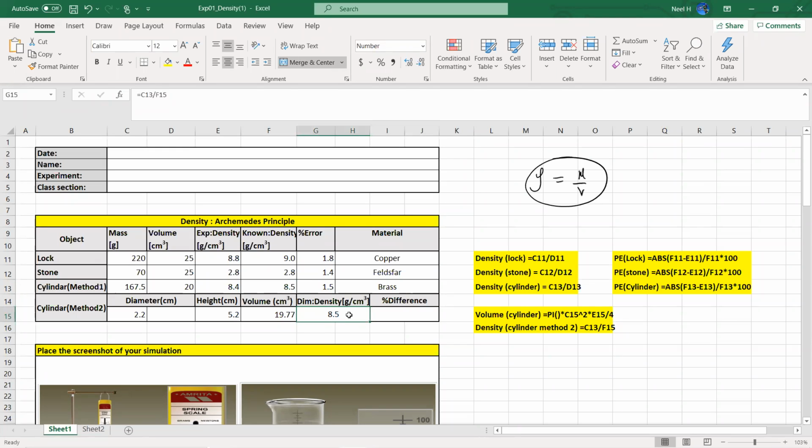The reason is in this Excel cell, even if I round the value to 8.5, all the other decimal places are there. It will read automatically if I use the cell name, okay?